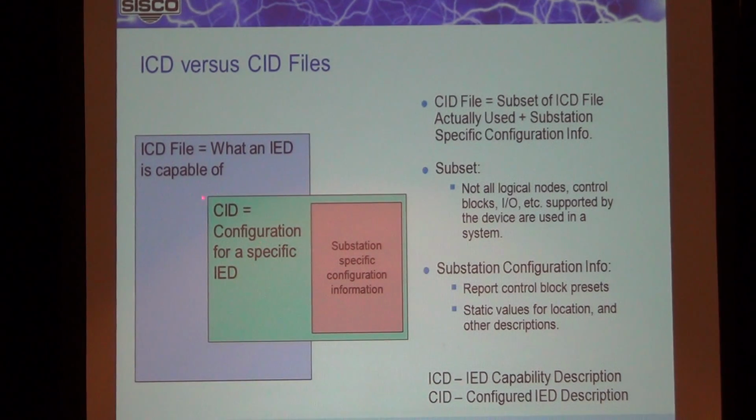So in this particular case, you would have 16 of the logical nodes, I can't remember the designation, versus the CID file would only have 2 of them in it. Plus, the CID file contains the substation-specific configuration information. So, for instance, the settings and configuration parameters associated with that specific device will be contained in that file.